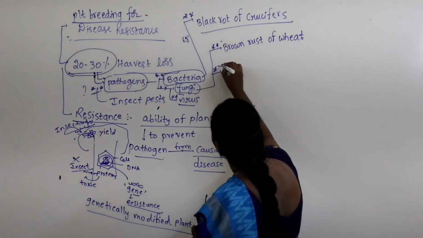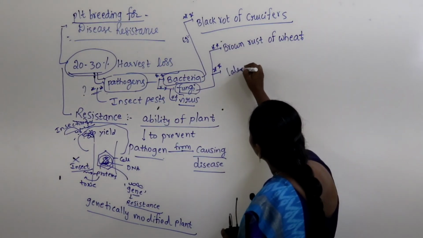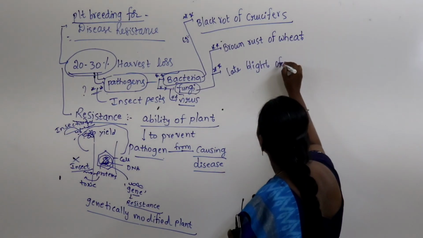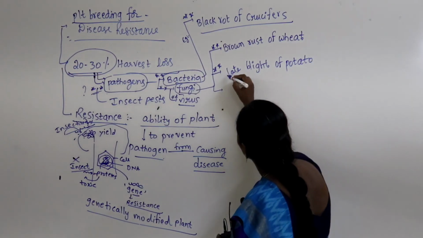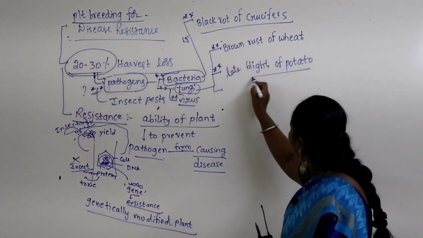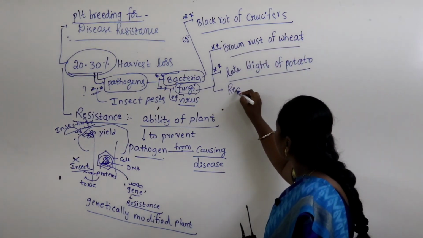Apart from brown rust of wheat, you can also talk about late blight of potato. The second most important one is late blight of potato, then brown rust of wheat and red rot of sugar cane.